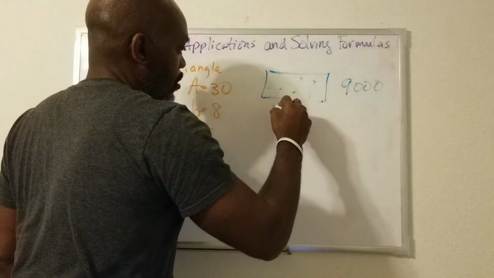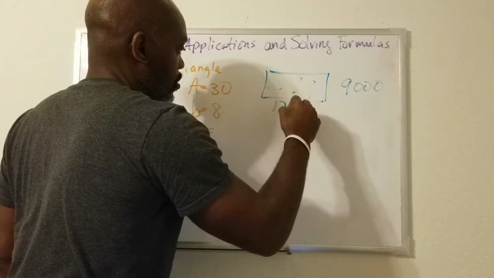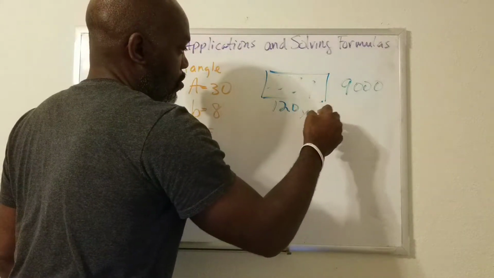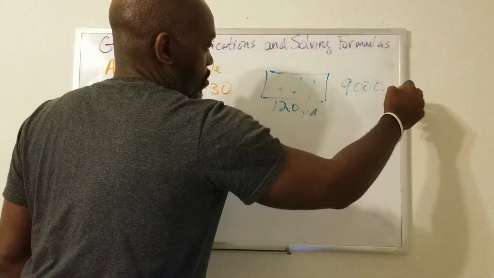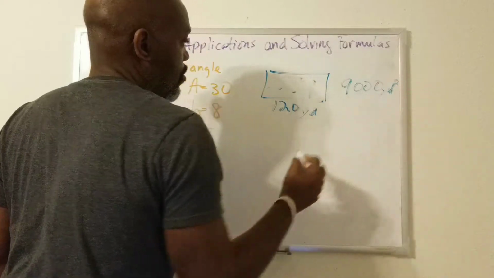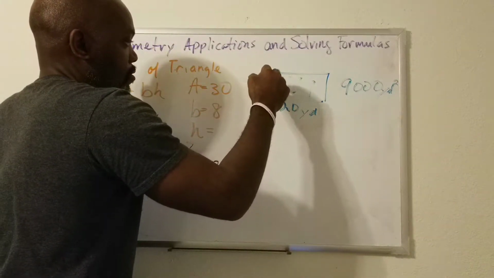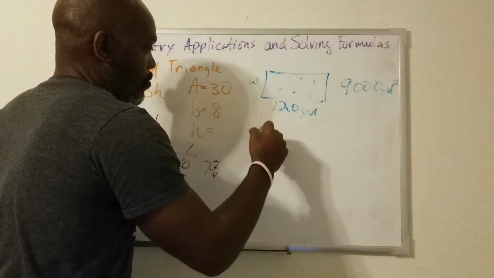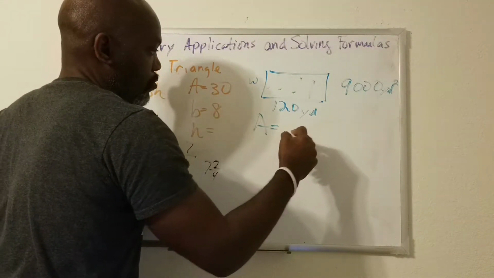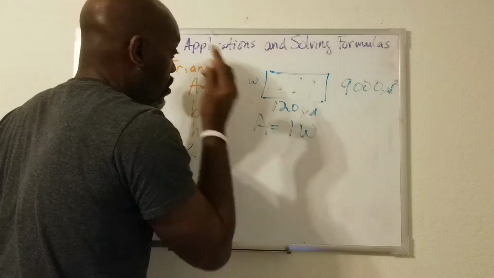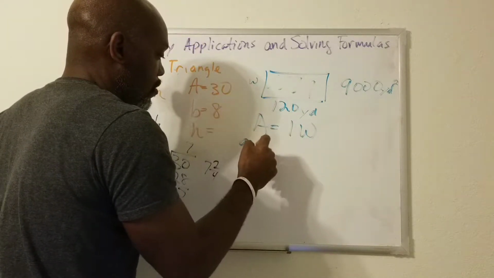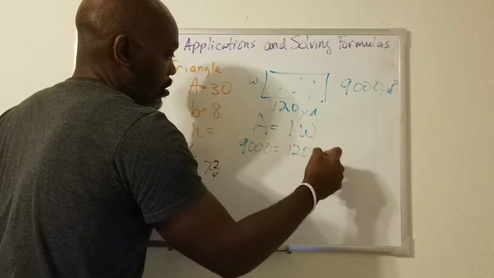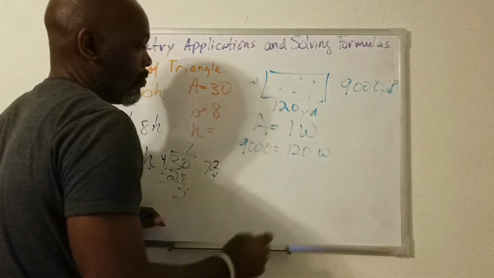The length is 120 yards. The question is, what is the width of the field? So area equals length times width. The area is given as 9,000. The length is given as 120. The width we don't know.